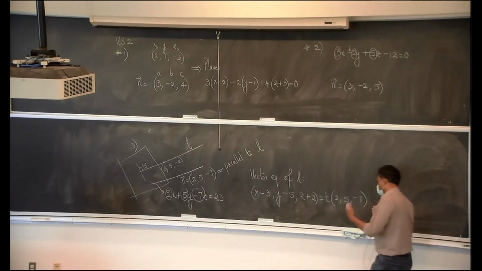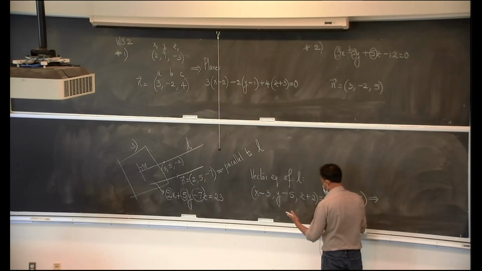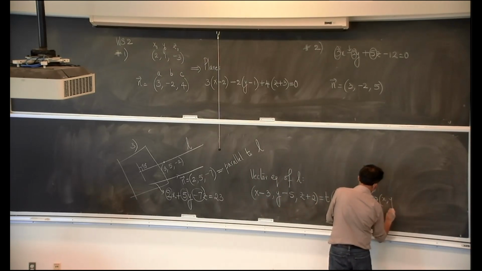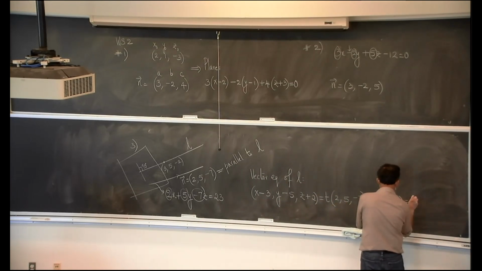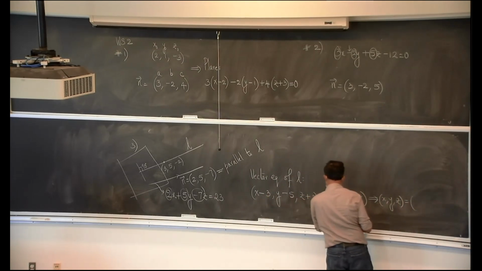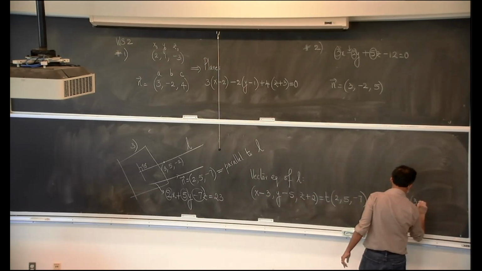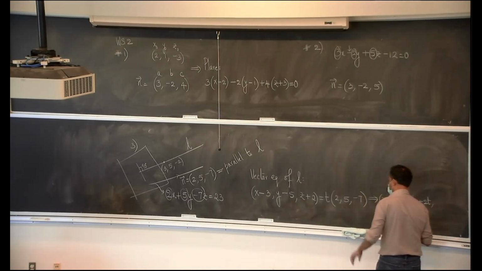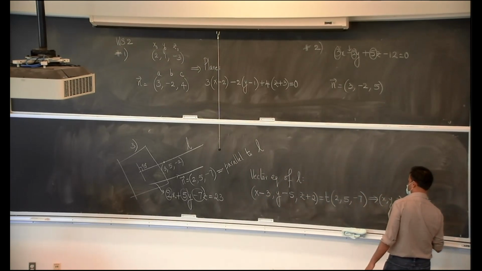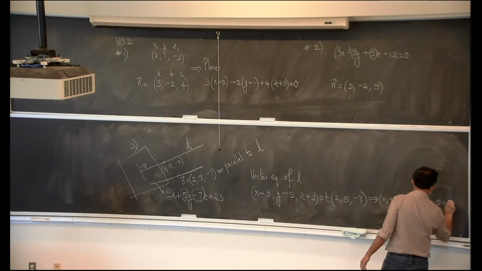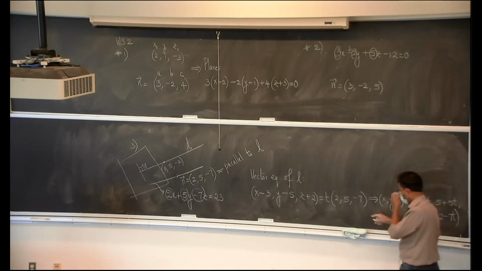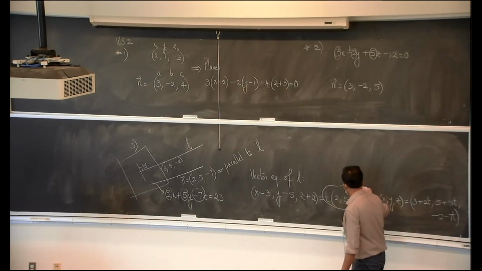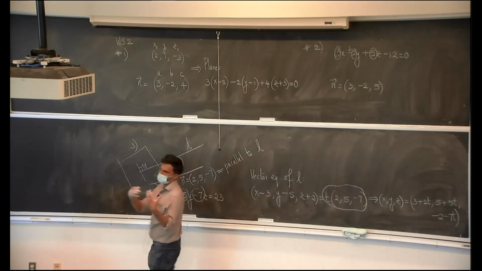Or if you want to write it in a slightly more satisfactory form, you can write (x, y, z) by bringing all these numbers to the right-hand side, as (3 + 2t, 5 + 5t, -2 - 7t). There are different ways in which you can finish this. I'm not very picky about how you write these things as long as your concept is correct. This is the key thing I want you to observe here: the normal vector from this plane is parallel to that other line.